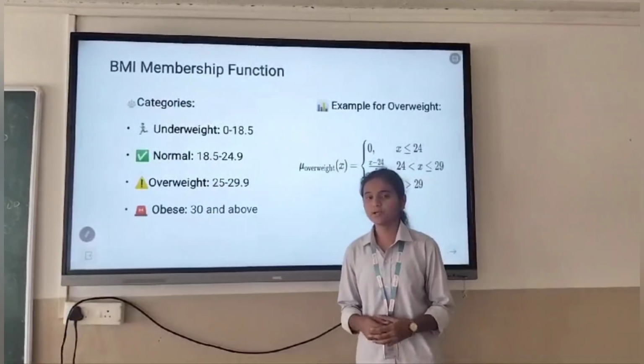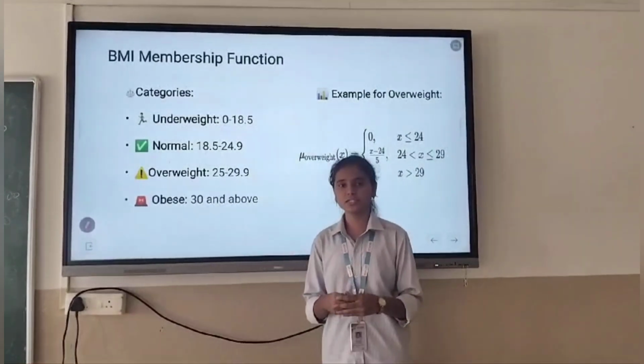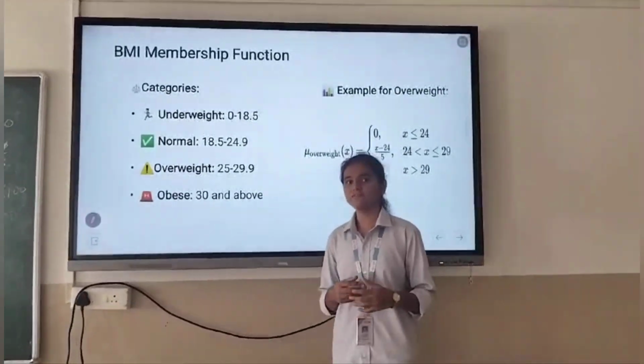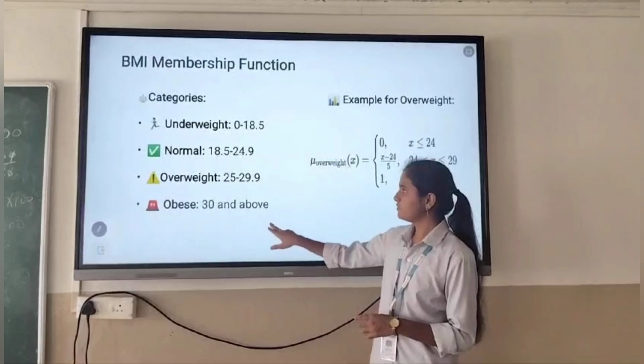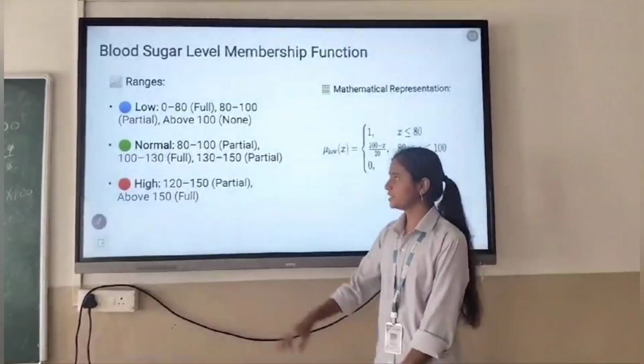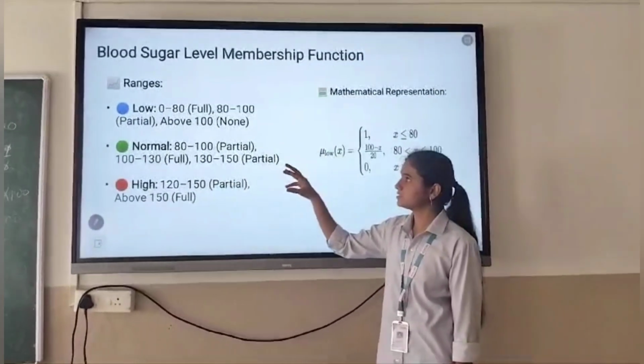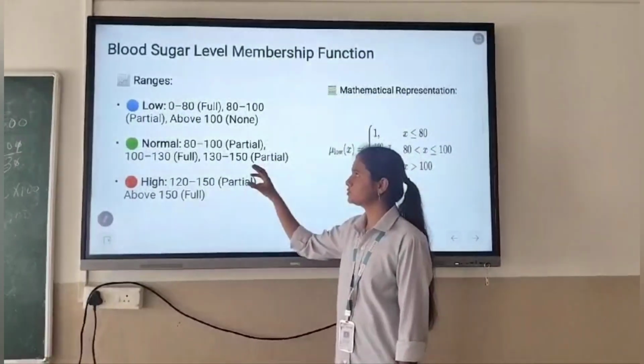Now we will discuss how we calculate diabetes using the membership function. For that, first we will discuss the blood sugar level membership function. So here the range is represented for the different levels of blood sugar.